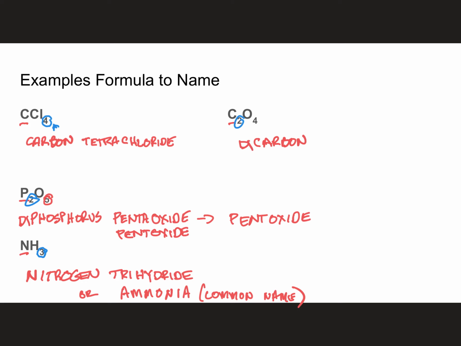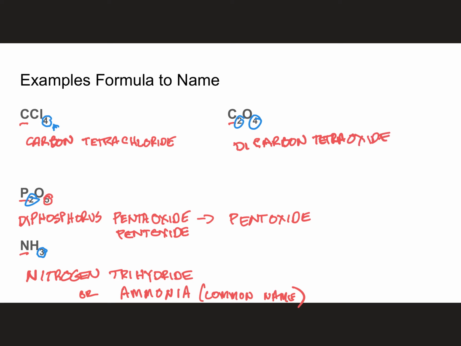So it's dicarbon. Leave a space. The next thing we're going to look at is the subscript for the second element, which is a 4. That translates to tetra. And then the last thing would be the oxide.